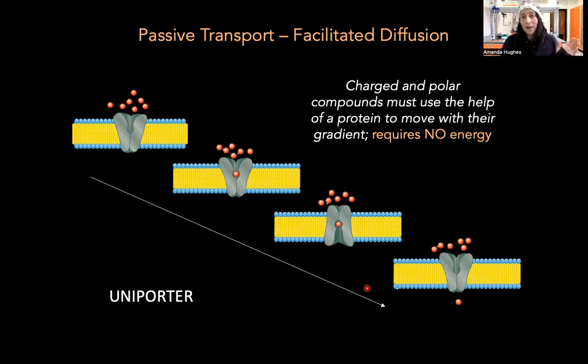This requires no energy from the cell, but it just needs the help of this transporter to do that. You could call this type of a transporter a uniporter, uni meaning one, and porter for kind of transporter. So this type of transporter is only moving one molecule across the membrane, so you can call it a uniporter.